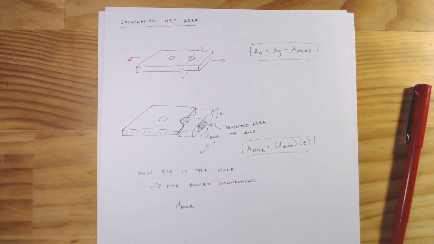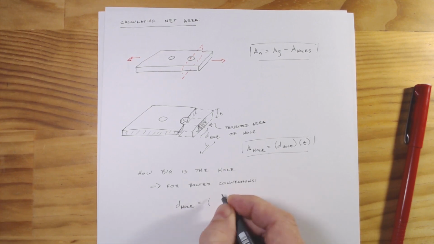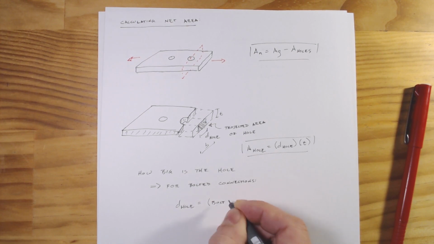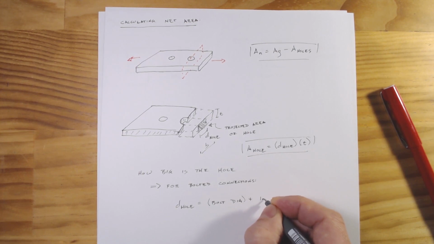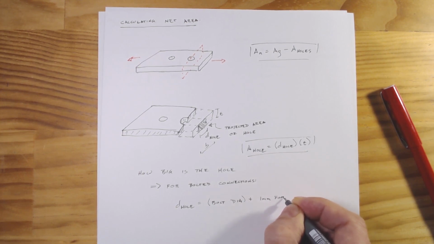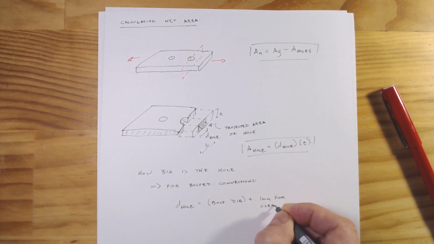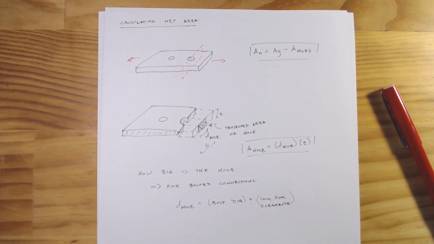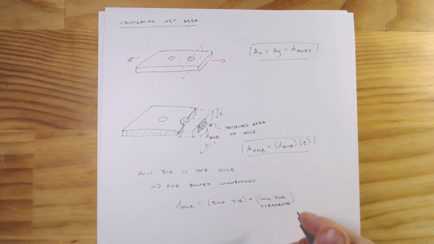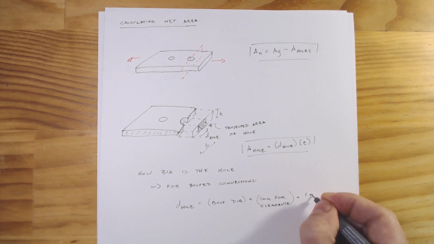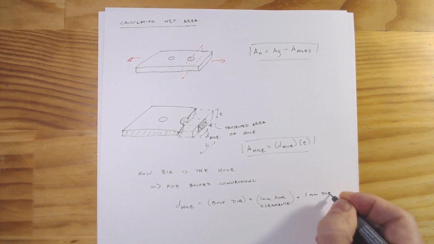It won't fit. We need some additional size to allow us to physically put together the structure with these bolts. So as a minimum we need the bolt diameter plus 1 millimeter for clearance. That clearance is just to allow the bolt to enter the hole. And then we also need 1 millimeter for tolerance.